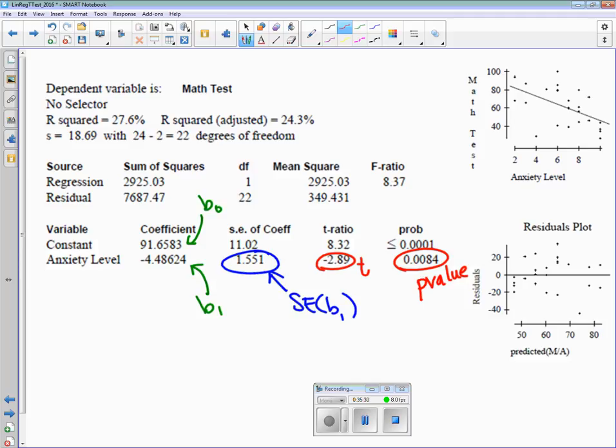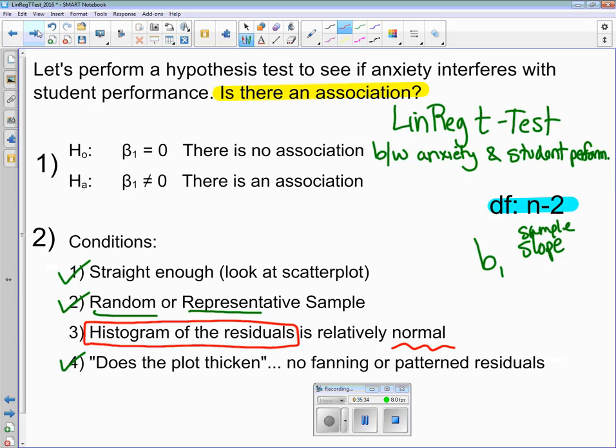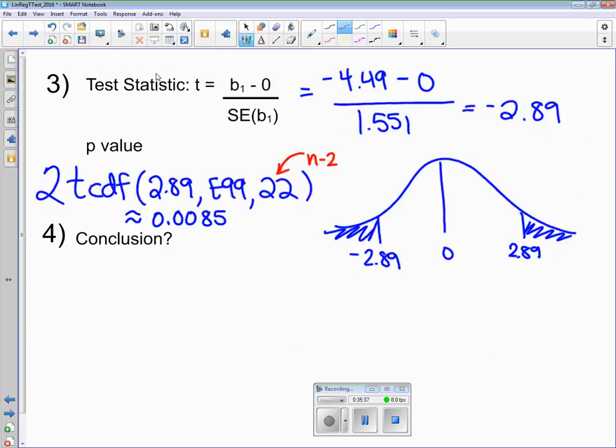Make sure you show linkage. Compare that p-value to 0.05. So I do see that this is in fact less than 0.05.